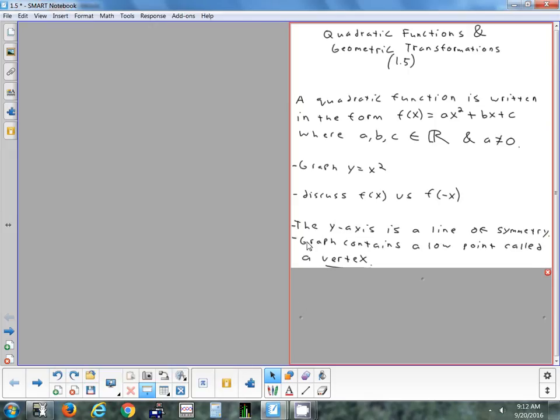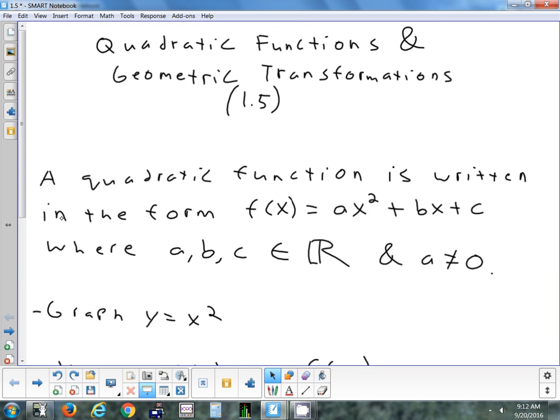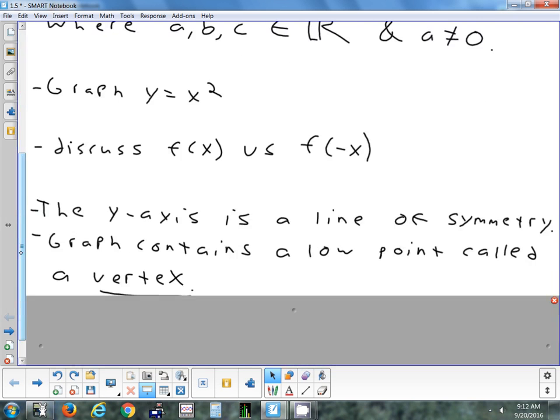But in a parabola, since the y-axis is already a line of symmetry, and you find a mirror image of something that's already symmetrical, it looks the same. So a parabola doesn't really show a mirror image over the y-axis because it's the same thing.